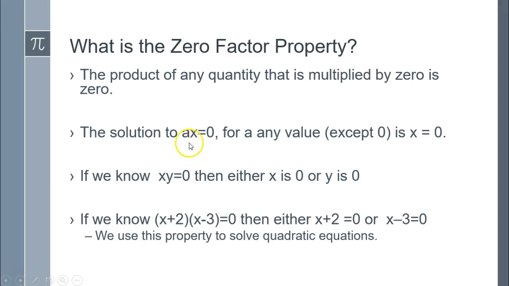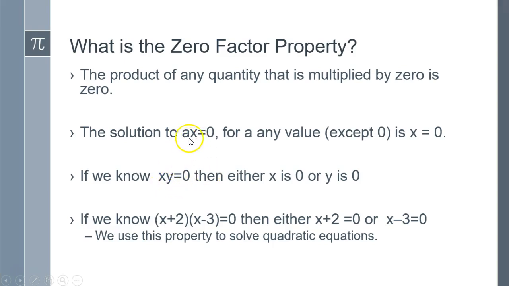So if we were to solve the equation ax equals 0, say a is 3, say 3x equals 0, we divide both sides by 3, or in this case by a, and we get x equals 0. That's always going to be true, no matter what number a is. In order to get 0, I must have multiplied it by 0.